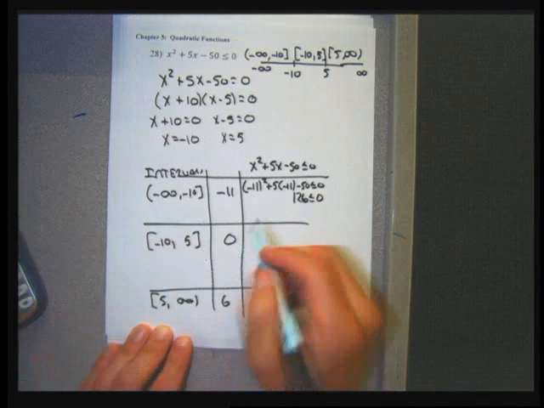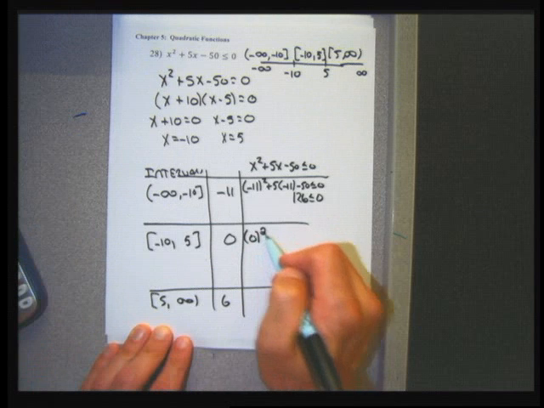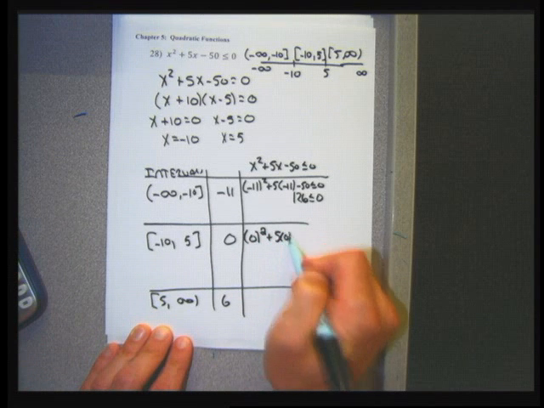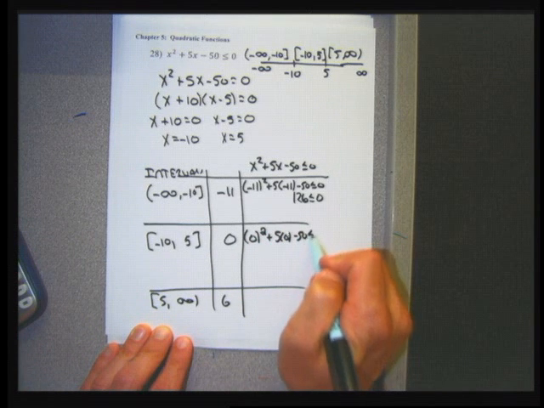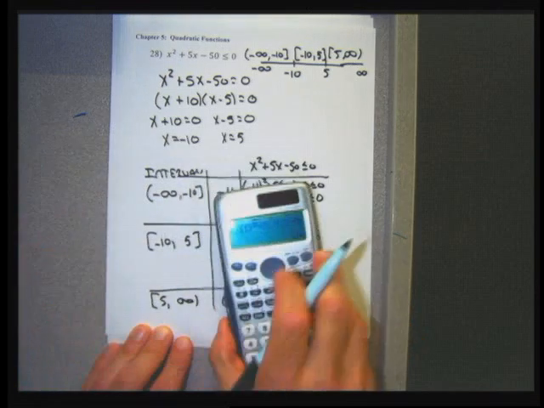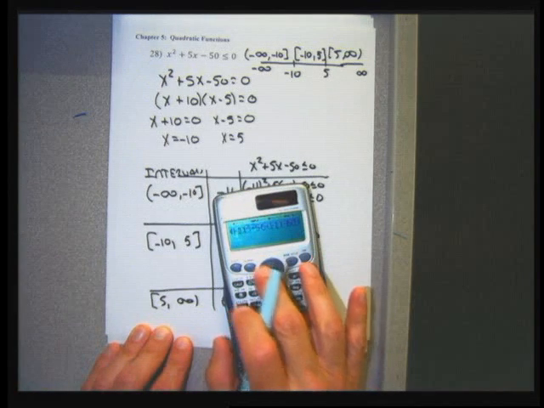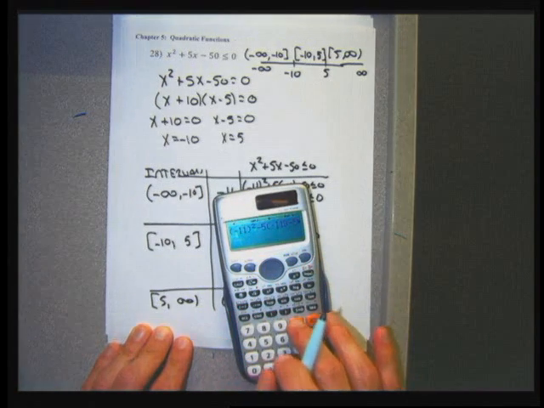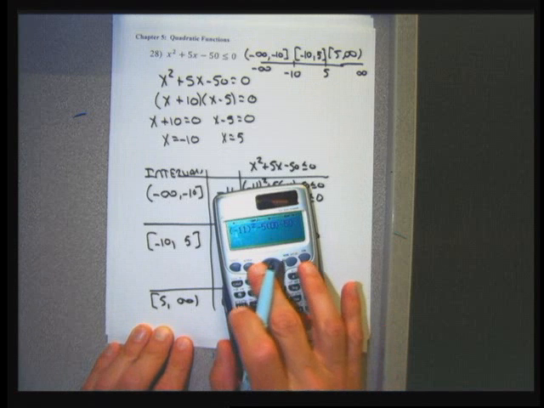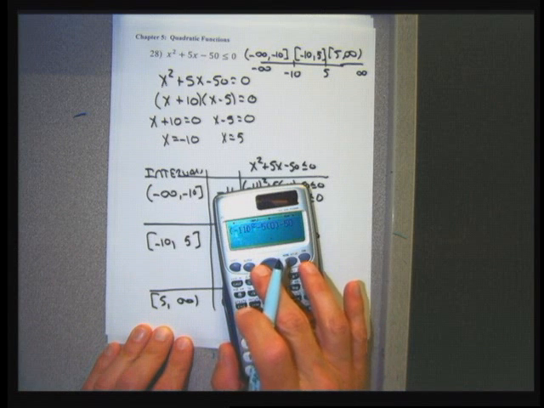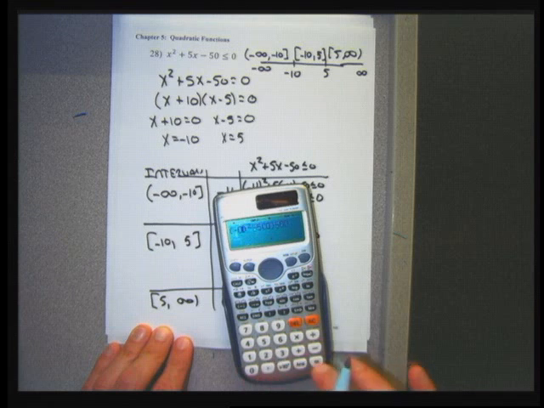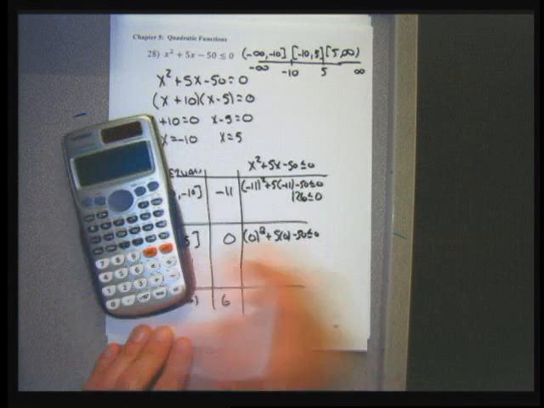For the next one, I'm going to go 0 squared plus 5 times 0 minus 50 is less than or equal to 0. So back up here, delete the negative 11, type in a 0. Gives me negative 50 is less than or equal to 0.